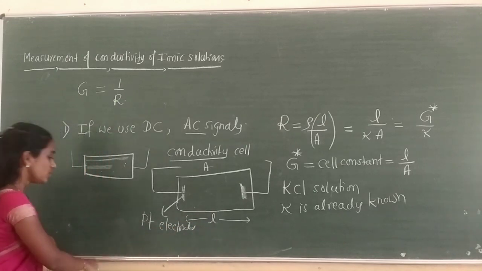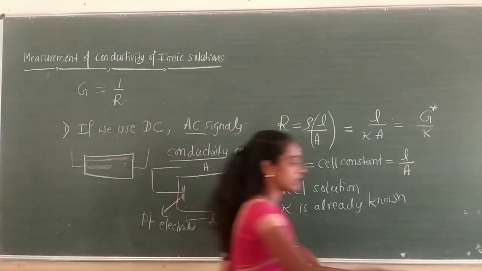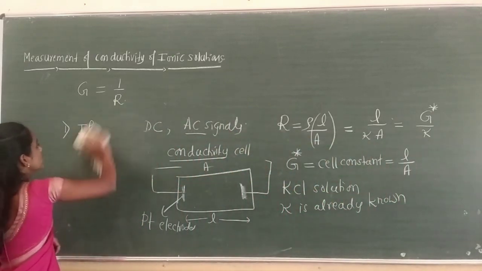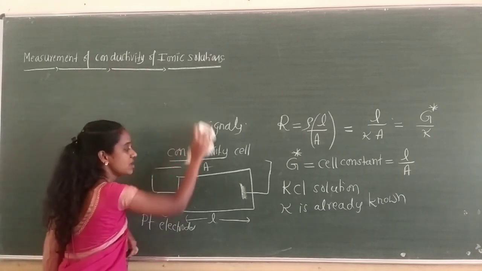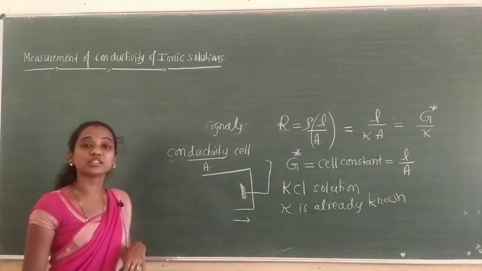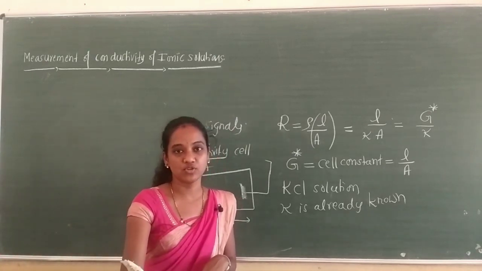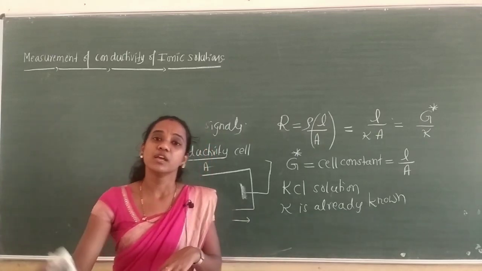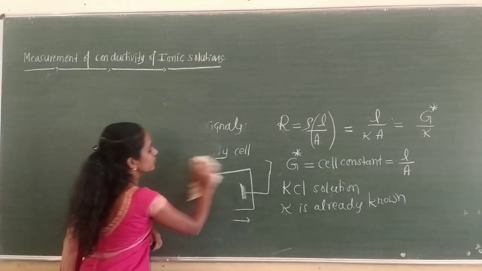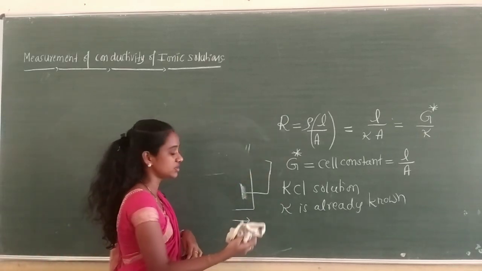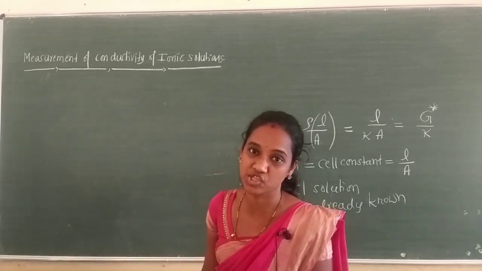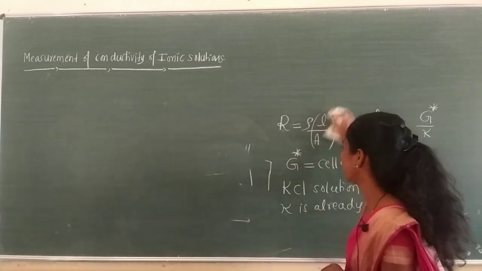Now, using that particular conductivity cell whose cell constant is already calculated, we can use the same cell for measuring the resistance of any other solution, other than potassium chloride. If any ionic solution is given to you, we can measure the resistance of the solution by making use of a special type of bridge called Wheatstone's bridge.